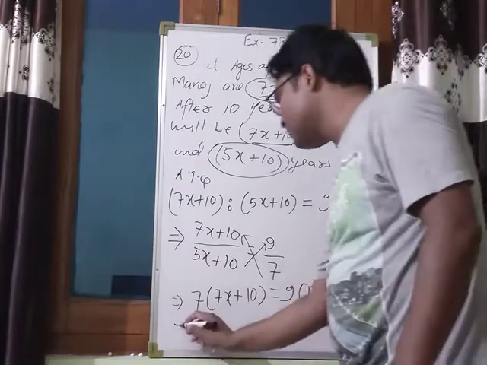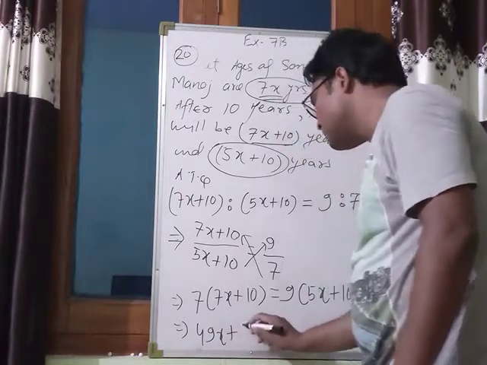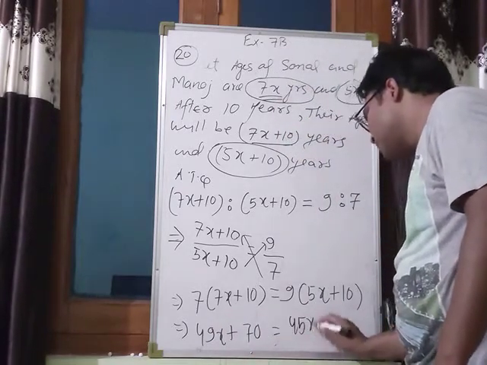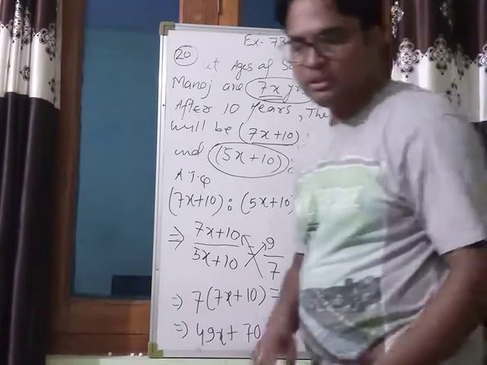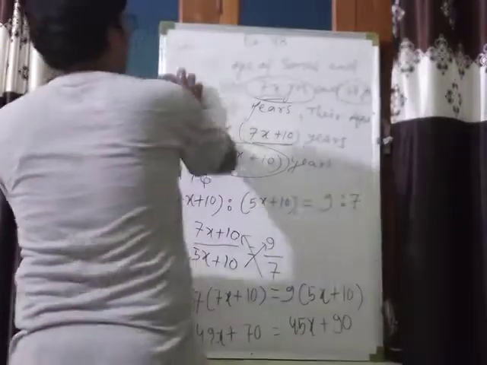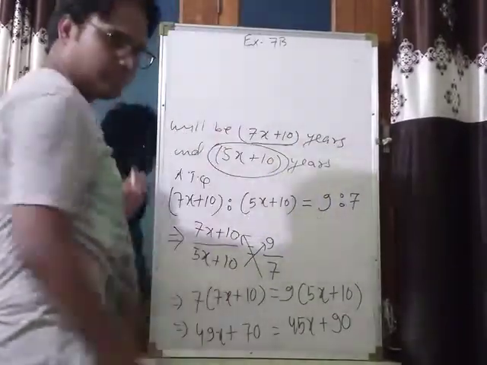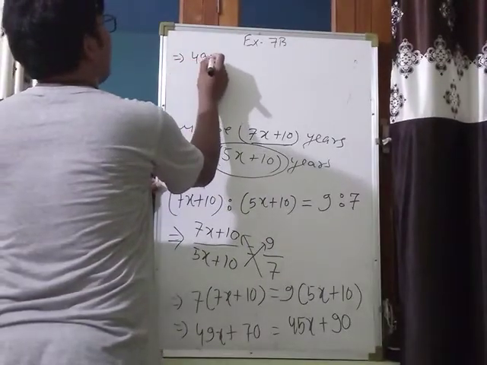So 7 sevens are 49, so 49x plus 7 tens are 70, equal to 9 fives are 45x plus 9 into 10, that is 90. Okay. So we have 49x.